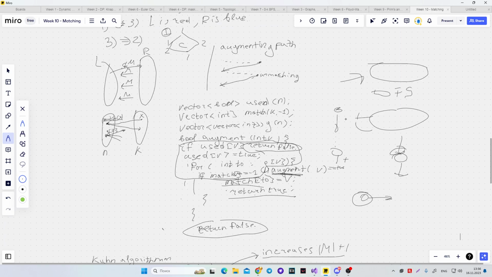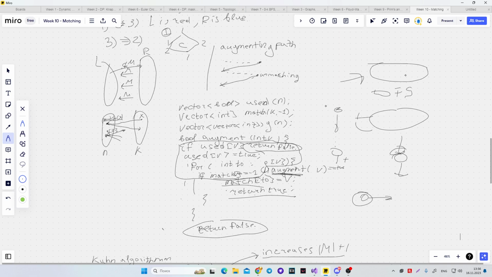In DFS we consider what we do when we enter our function, and what we do when we exit from recursion.